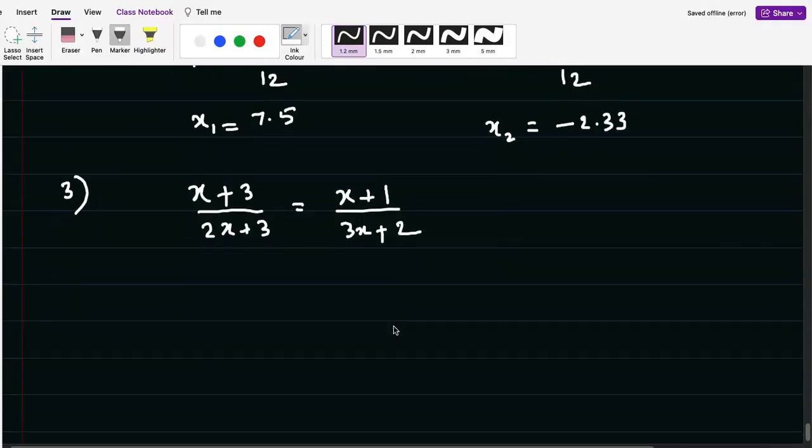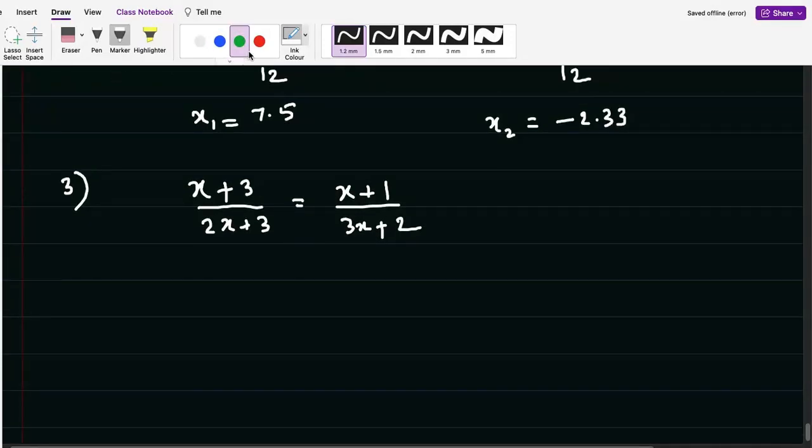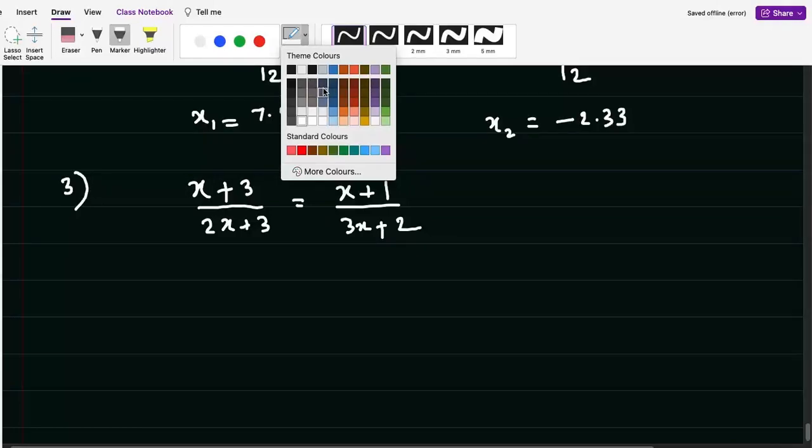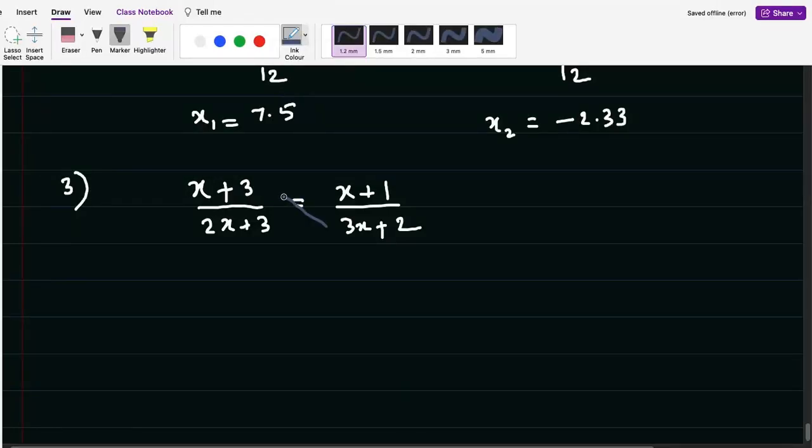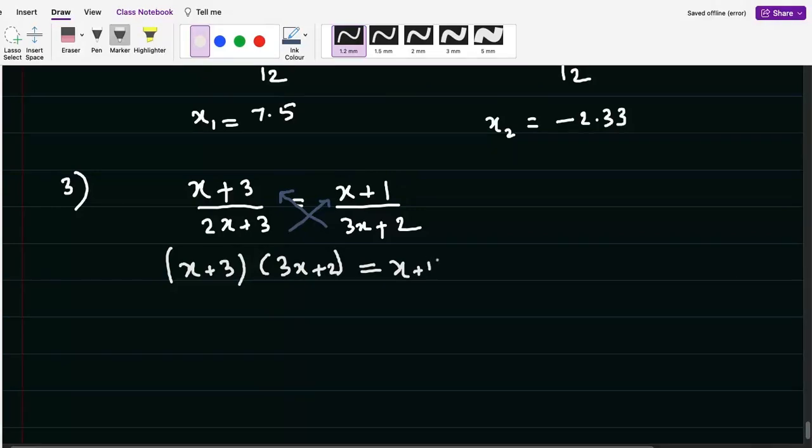So here you know what you have to do, you have to cross multiply. What do I mean by cross multiply? Cross multiply means I will multiply these two and these two. Now what will happen? x plus 3 is on the left hand side, which remains on the left hand side. 3x plus 2 is coming here and joining it, equal to x plus 1 multiplied by 2x plus 3.